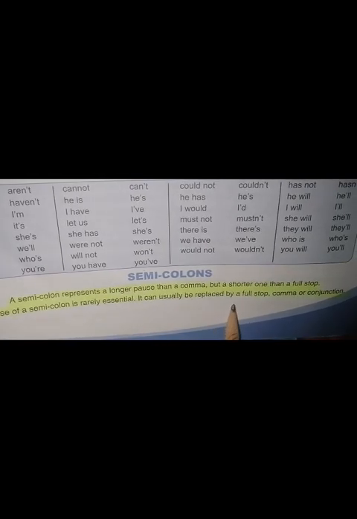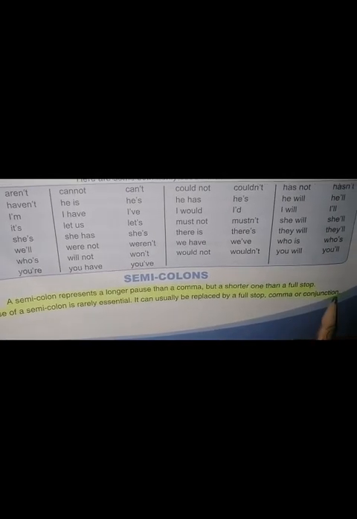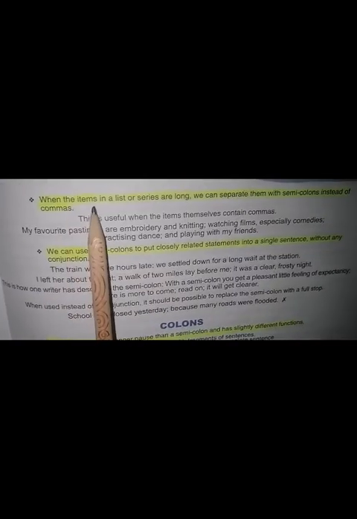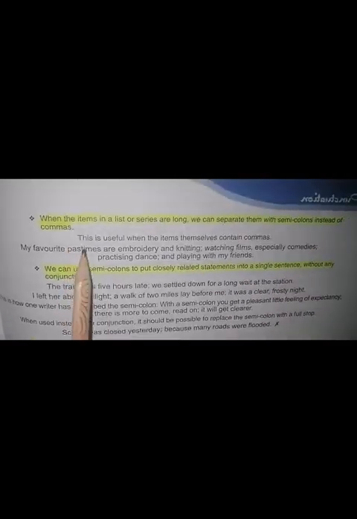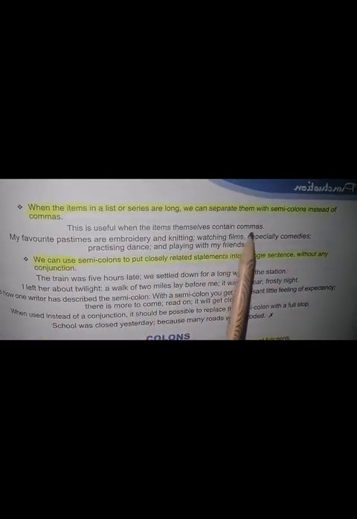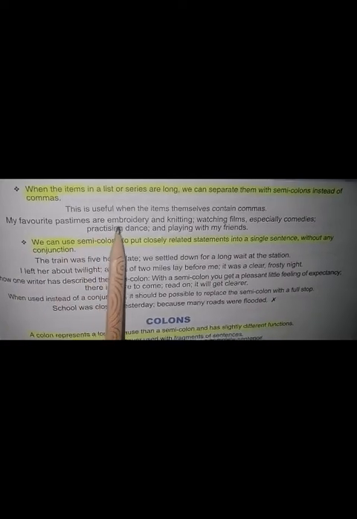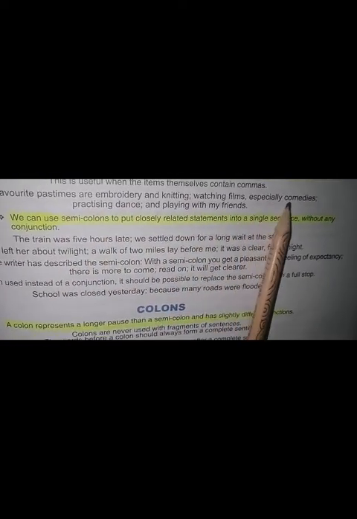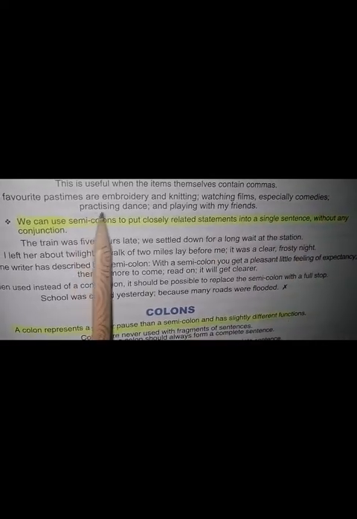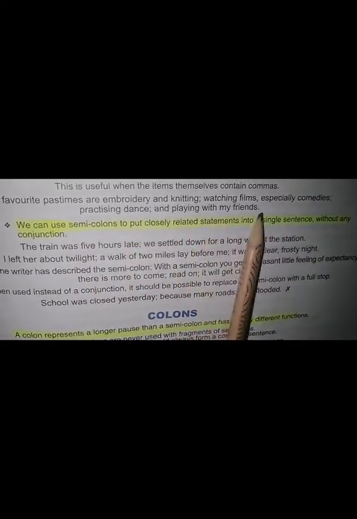It can usually be replaced by a full stop, comma, or conjunction. When the items in a list or a series are long, we can separate them with semicolons instead of commas. This is useful when the items themselves contain commas. My favorite pastimes are embroidery and knitting; watching films, especially comedies; practicing dance; and playing with my friends.